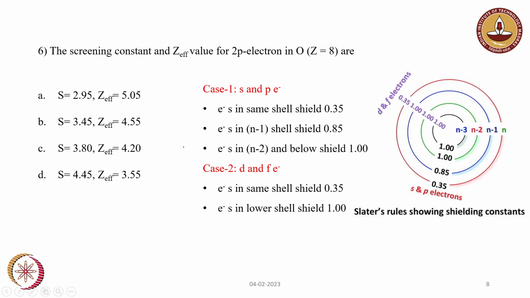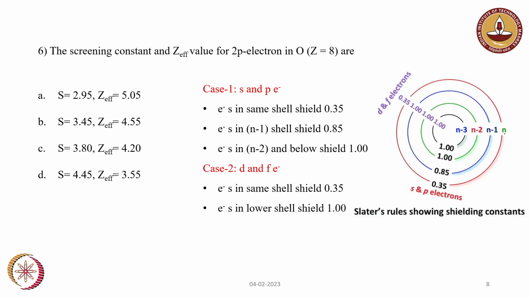To calculate the shielding effect, we use Slater's rule, and for each orbital the shielding constant will be different. For case 1, S and P electrons, Slater's rule says that electrons in the same shell shield 0.35. That is the outer electrons.